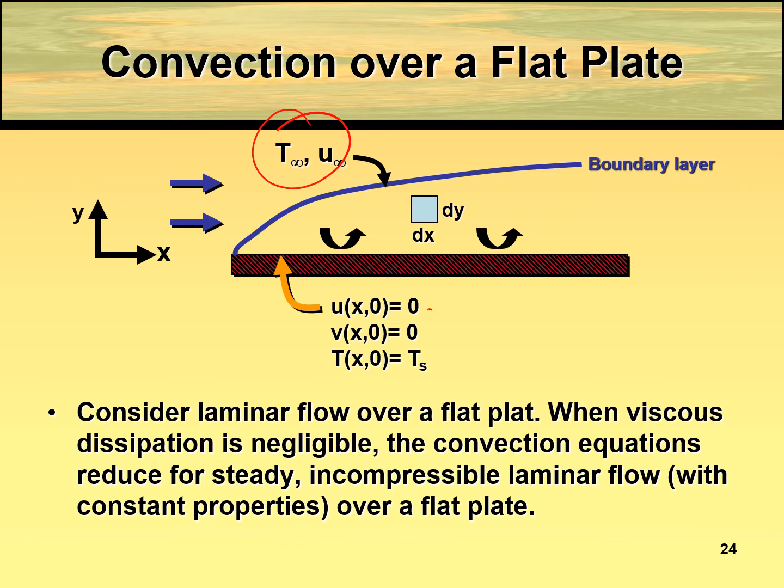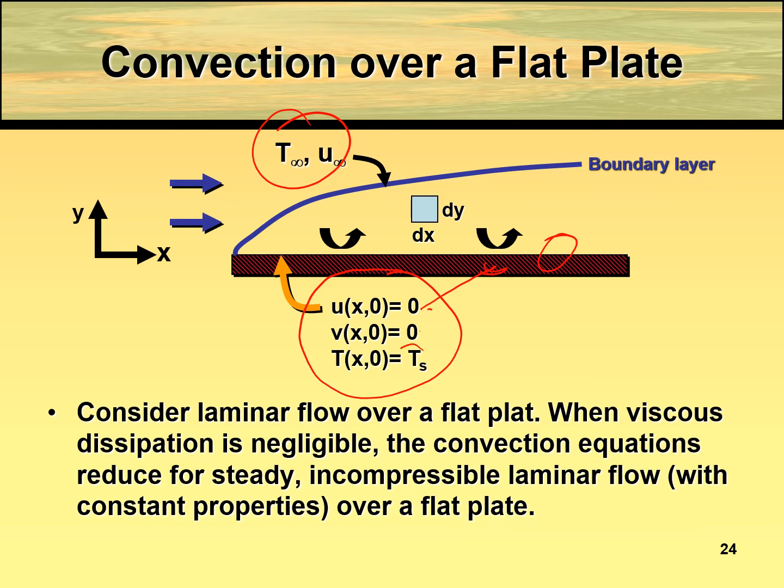So at the initial conditions on the surface, the velocity in the y direction is equal to 0 and the velocity in the x direction at x point is equal to 0. However, the flat plate is heated.